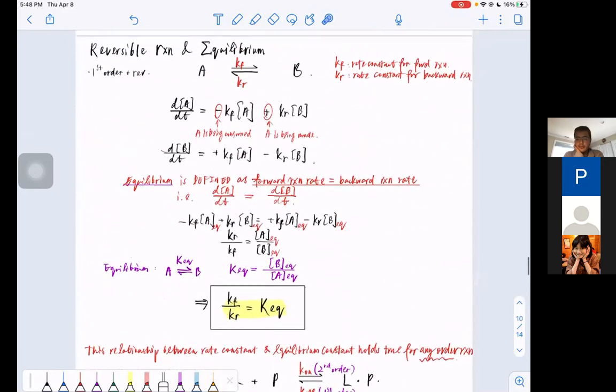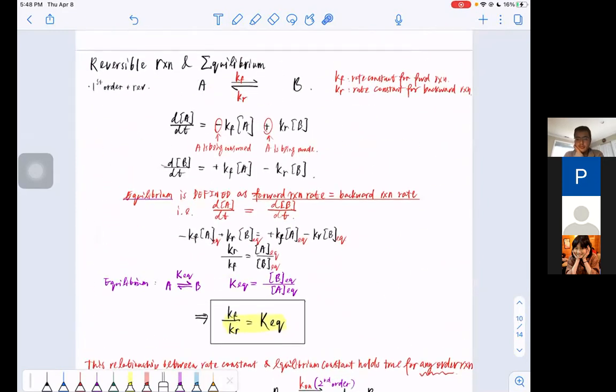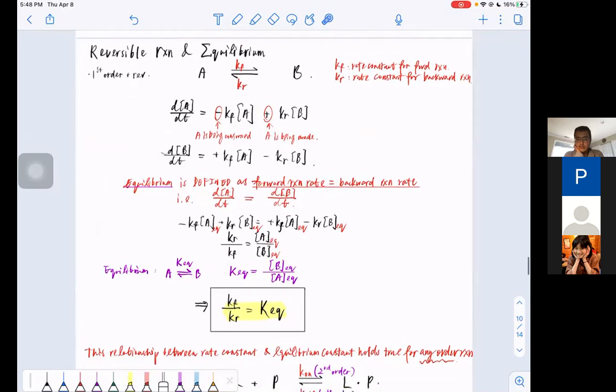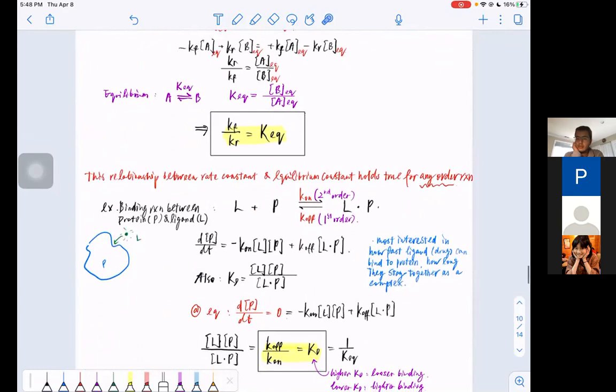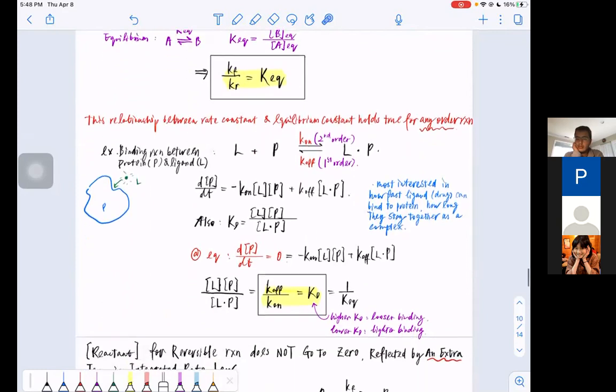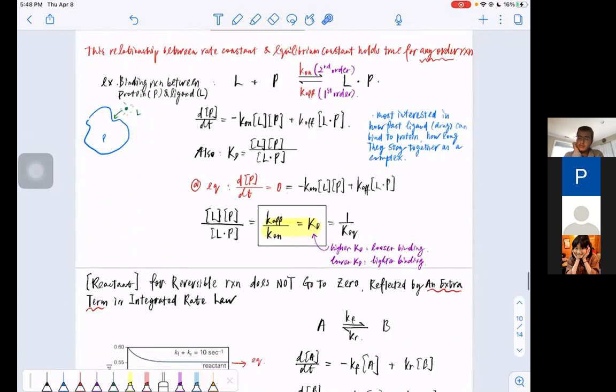Okay, and if you went through this part, you will find the very interesting relationship between kinetics and thermodynamics given by this ratio of forward and backward reactions, and it has very important implications in how you think about ligand protein binding reactions.